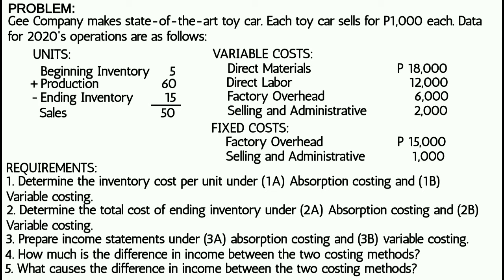Observe also na mas mataas yung production kaysa sa sales. So it follows na mas mataas yung ending inventory kaysa sa beginning inventory. Dito pa lang, masasabi mo na the net income under absorption costing is greater than the net income under variable costing.